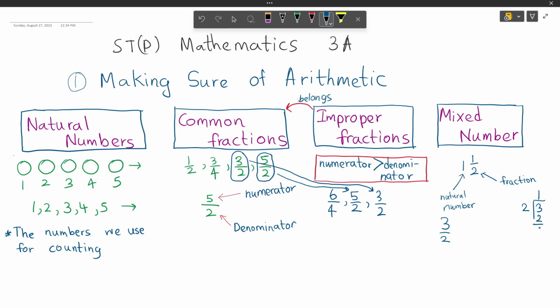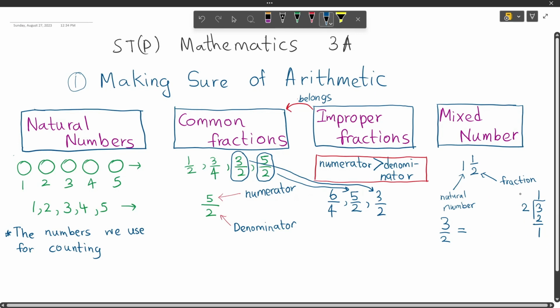We have 1 remaining. Now this is what we use to write the mixed number. This comes to here, 1, then this number comes to the top part of the fraction, 1 over 2.